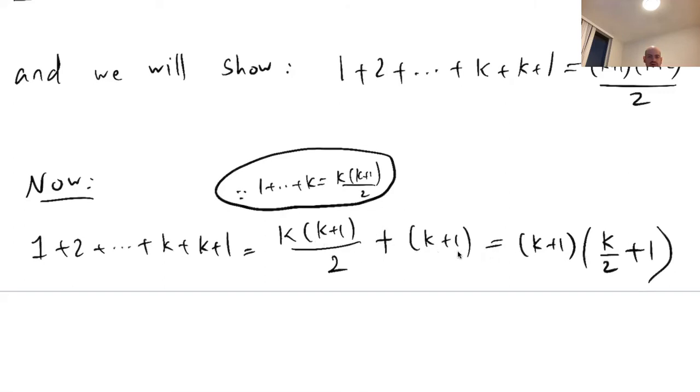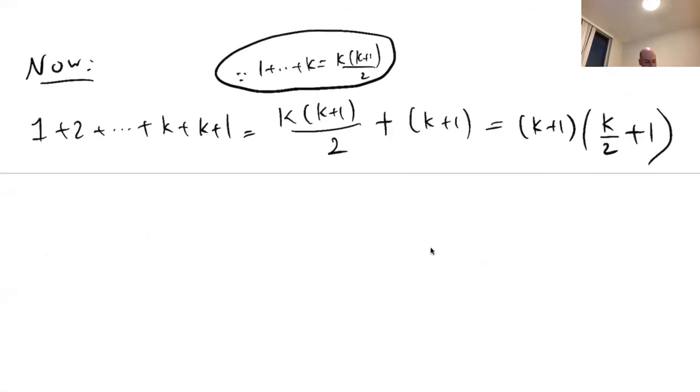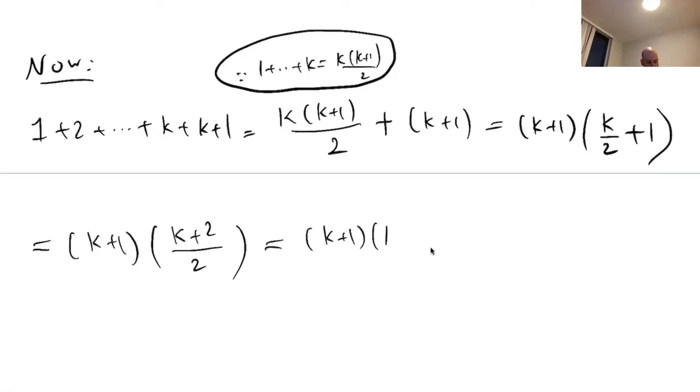I took it out, and from the first term, k over 2 is left, and from the second term, 1 is left. Then k over 2 plus 1, with 2 as the common denominator, is the same as (k plus 2) over 2. So this is (k plus 1) times (k plus 2) over 2.